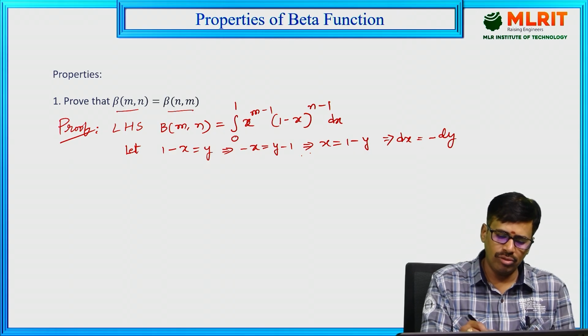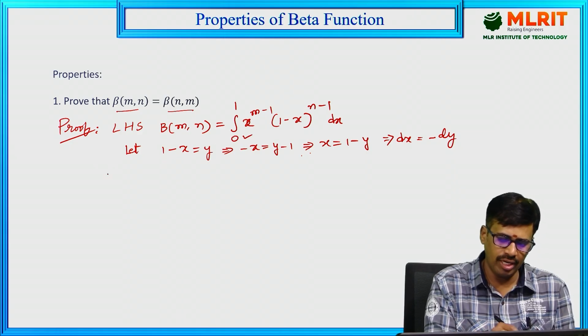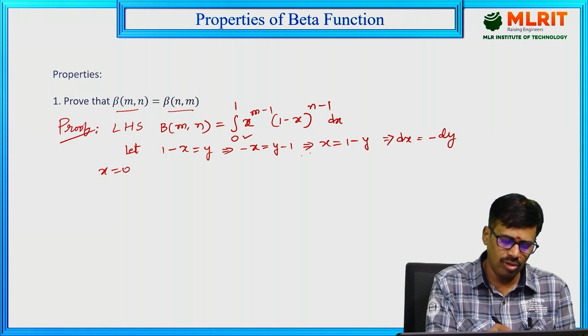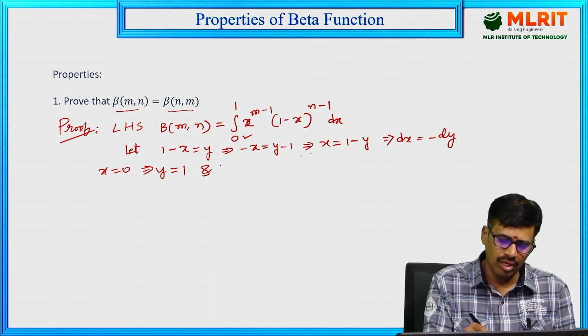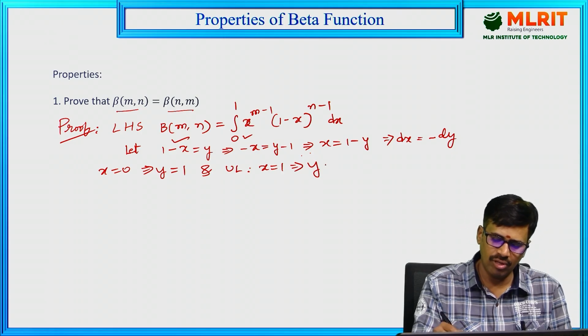So, substitute the lower limit of x equal to 0 here, we get y is equal to 1, and for the upper limit, whenever x is equal to 1, we get y is equal to 0.